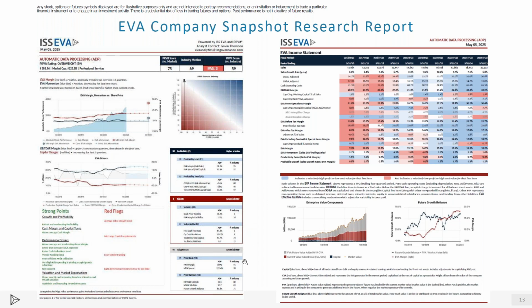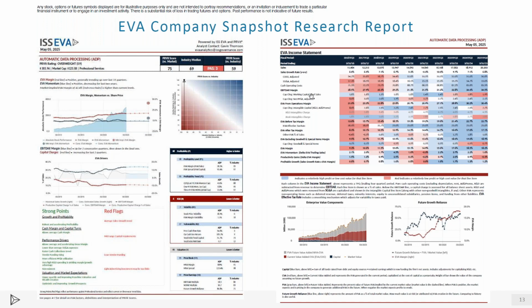And then on the second page, going on to the right hand side, you'll see what we call the EVA income statement. That's showing a lot of our cleaned up P&L measures. You can see the separate line items for COGS and SG&A, so cost of goods sold, and sales, general, and administrative costs. You can see what's driving that EBITDA margin change, and then you'll see some of the EVA levels and EVA margin towards the bottom of the P&L.